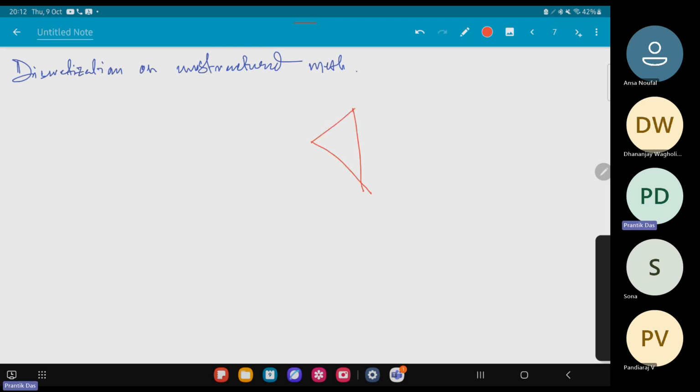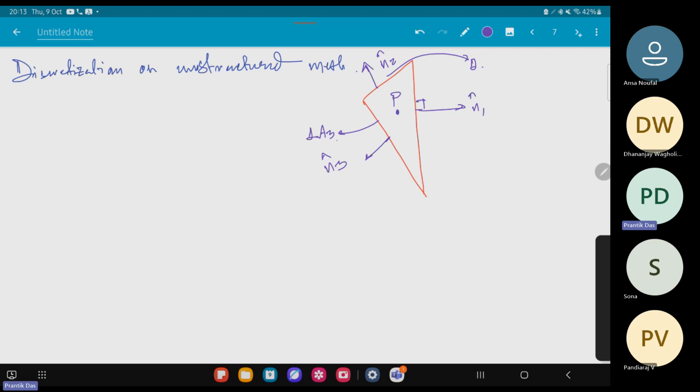So going to the cell of my interest. This one is my E cell. This one is my P cell. So this P is the point P itself. This one is n1 cap, this is n3 cap and n2 cap. So n1, n2, and n3 cap are basically the normals which are perpendicular to the cell face itself, making a perpendicular angle with the cell face. And this one is delta A3, this one is delta A2, and this one is delta A1.